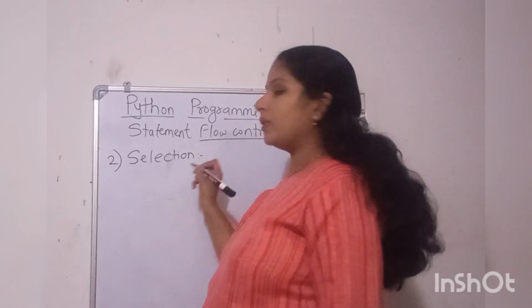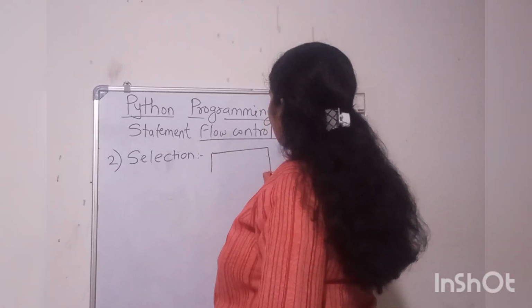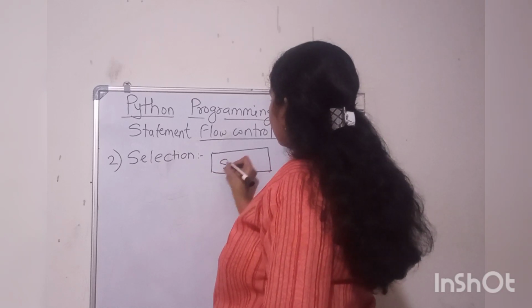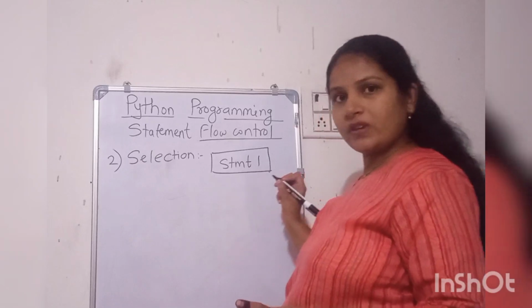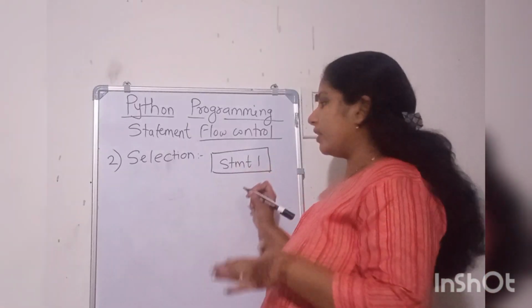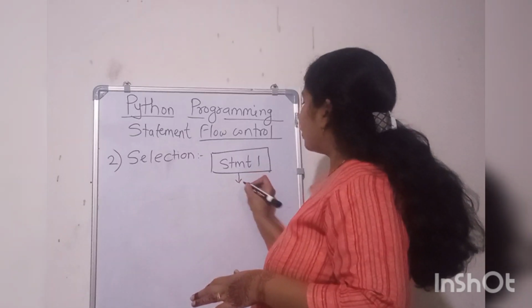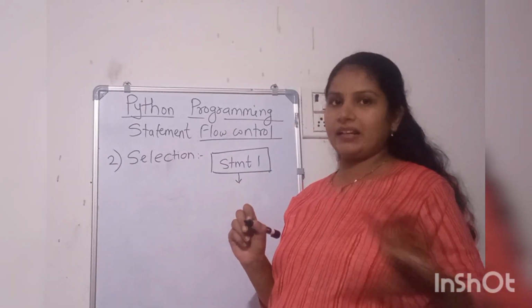So for example, let's see the structure. This is our statement 1. This is the normal statement which we are executing. This will be compulsorily executed. Then we are checking the condition. That condition might be anything.